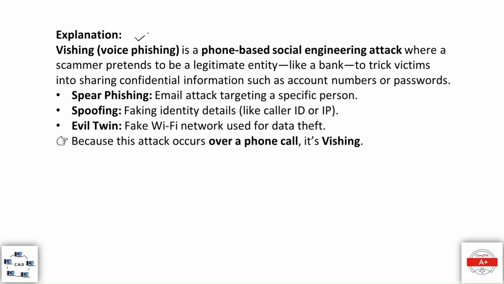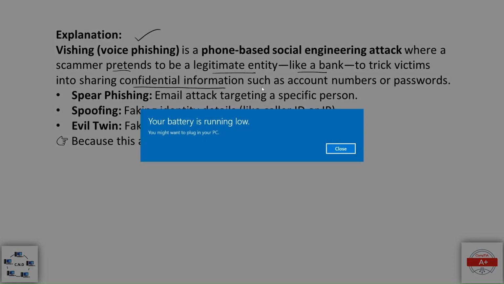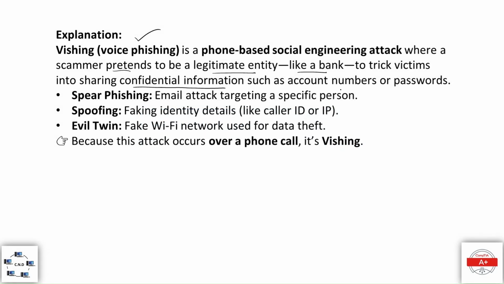So vishing, that is voice phishing, is a phone-based social engineering attack where a scammer pretends to be a legitimate entity such as a bank to trick victims into sharing confidential information such as an account number or password.